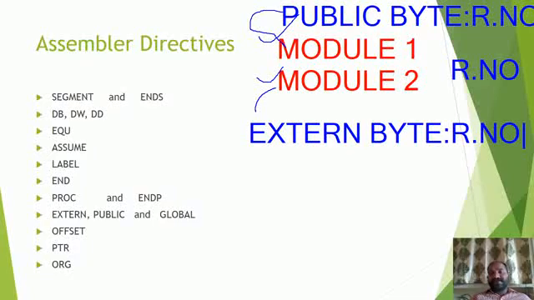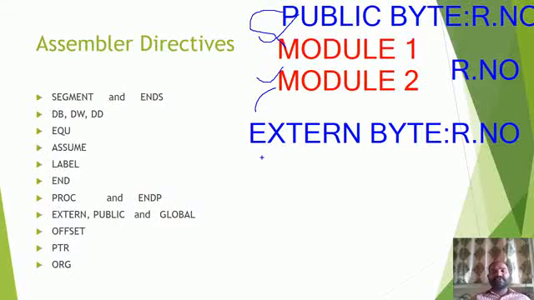So when you are using the extern directive, you are informing your assembler that the rno variable is not there in the present module. This rno variable is there in some other module, and it is declared as public.